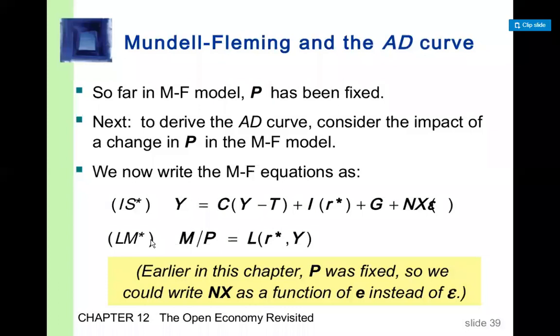But in the Mundell-Fleming model, the price level was fixed in the small open economy. That was our assumption in the beginning of the Mundell-Fleming model. We assume a fixed price level.